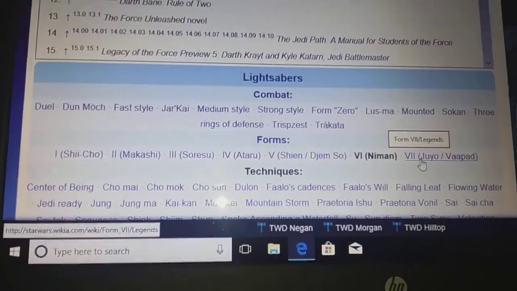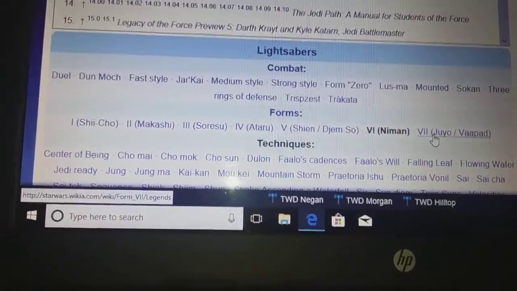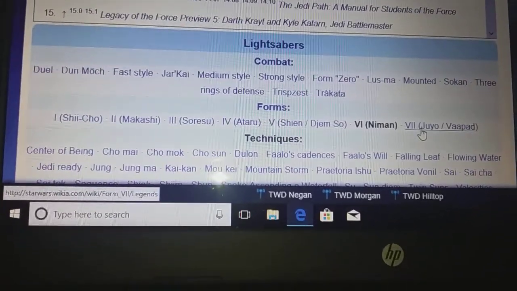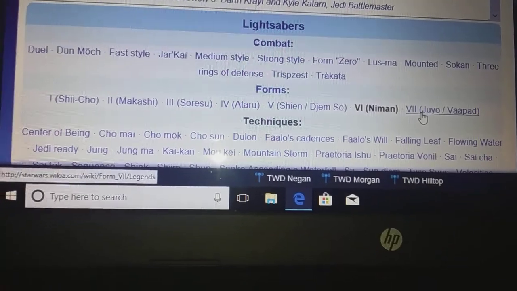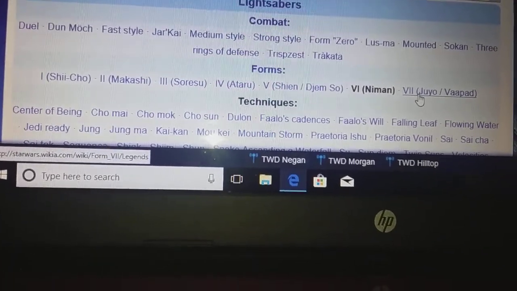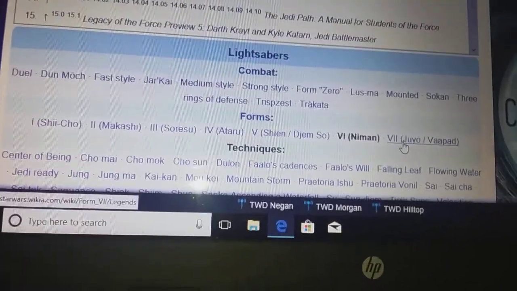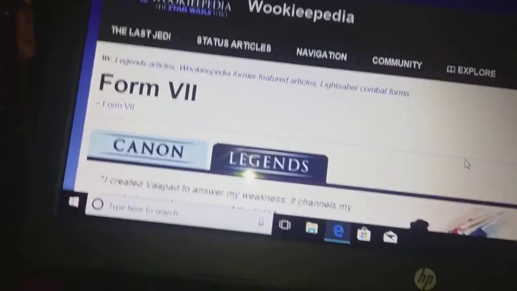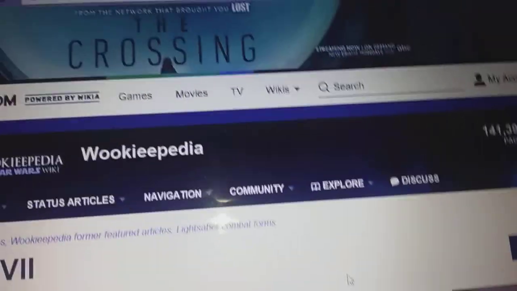Now we get on to the most complicated form. Form 7. Juyo. Or Vaapad. Also, that's a very nice picture of Grand Admiral Thrawn staring at me creepily.